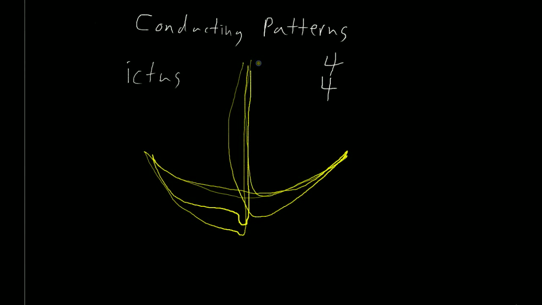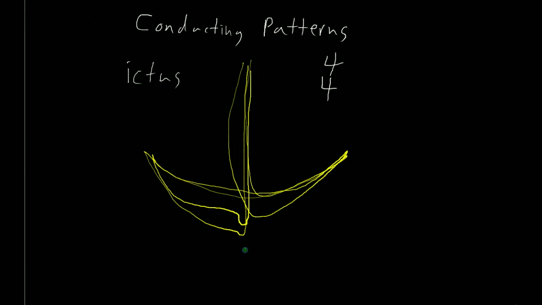And now we'll write in where all those beats are, and we'll do this in green. Sorry, I'm being indecisive. Okay, so the first beat we come down and have a little bit of a bounce right here.